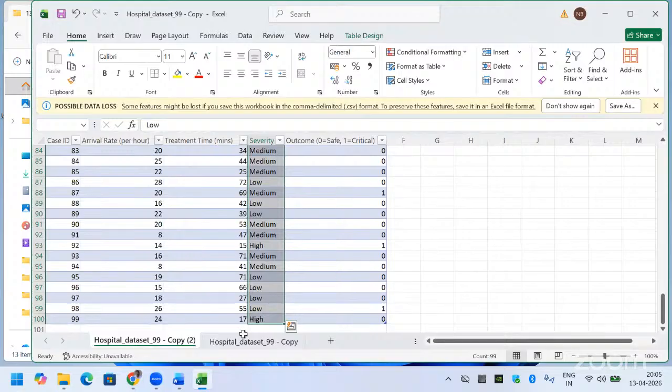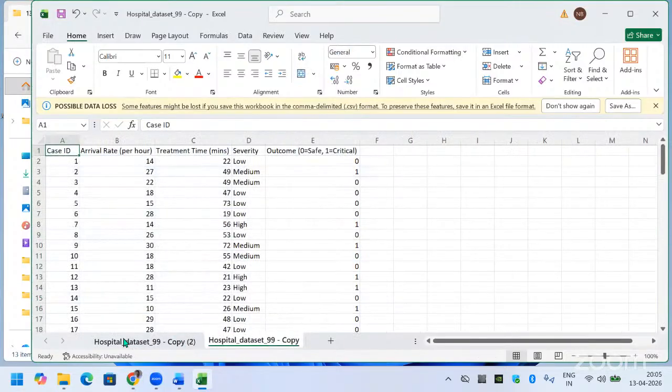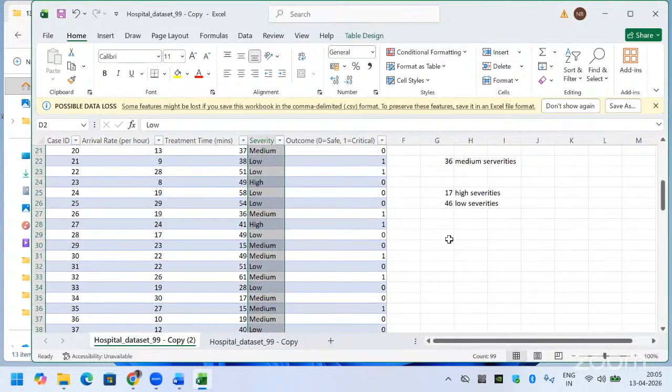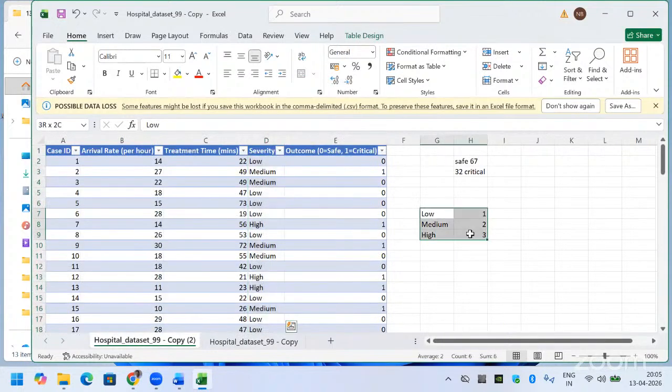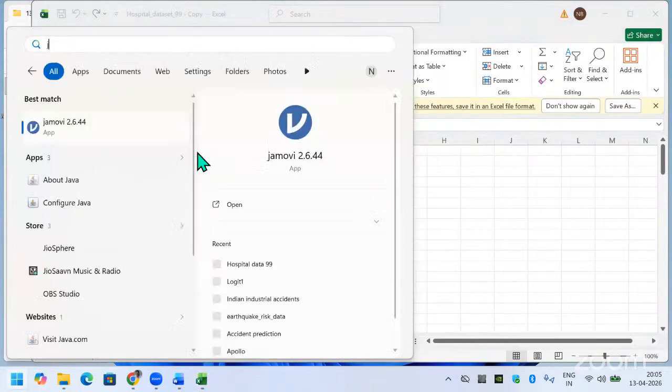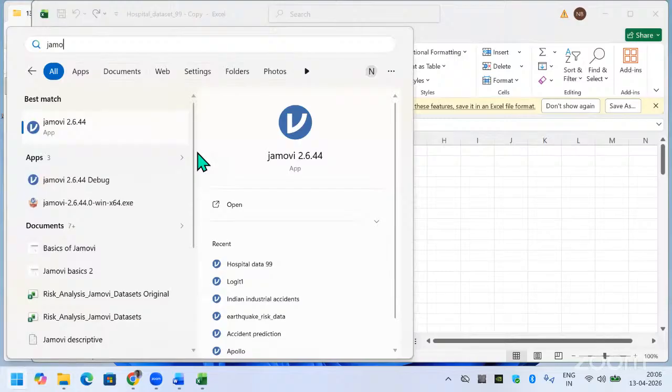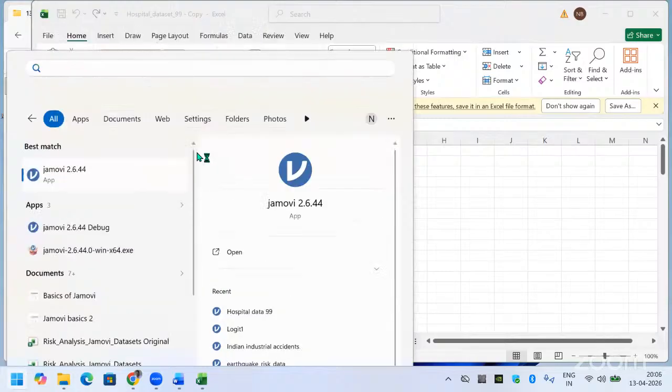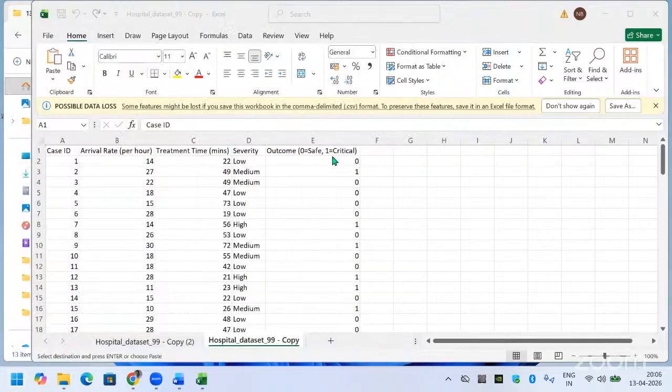As I want to give these codes for my data, low will be coded as 1 and this will be coded as this one. Or I can just take my Jamovi itself. But you remember this coding part that I have mentioned. So I'm just taking this one. This is hospital data 99, hospital data set 99. So this is the name of the file.